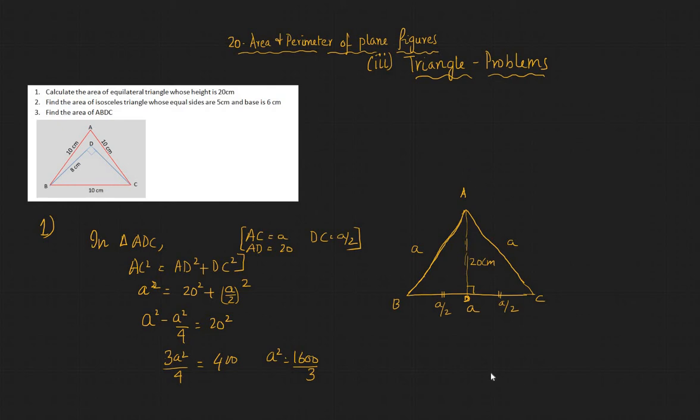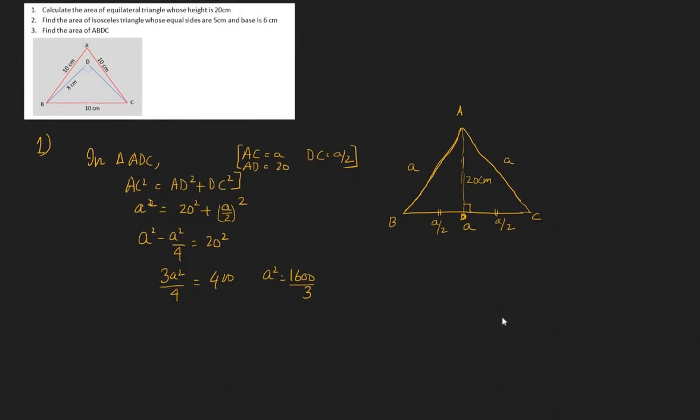Now once you know this, the area of an equilateral triangle you can either do half of base into height, or you can also write it as root 3 by 4 A squared. We know that the area of equilateral triangle is root 3 by 4 A squared.